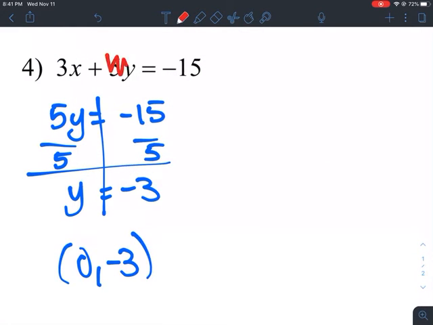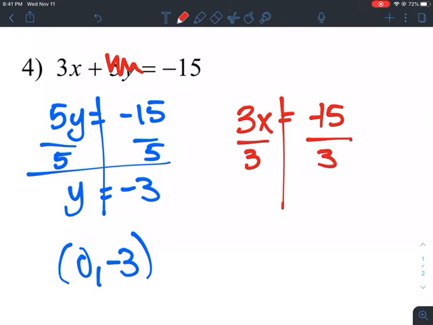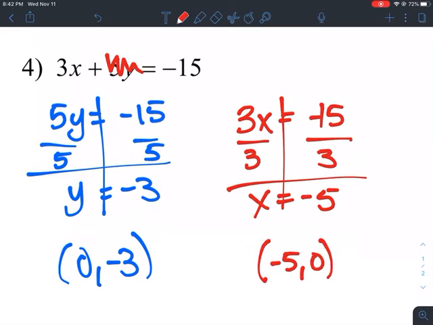For my x-intercept, I plug in 0 for y, which, since anything times 0 is 0, essentially makes it go away. So when I solve this, oops, I forgot my 1. I just have to divide both sides by 3, and I get x = -5. So my x-intercept is the point -5, 0.